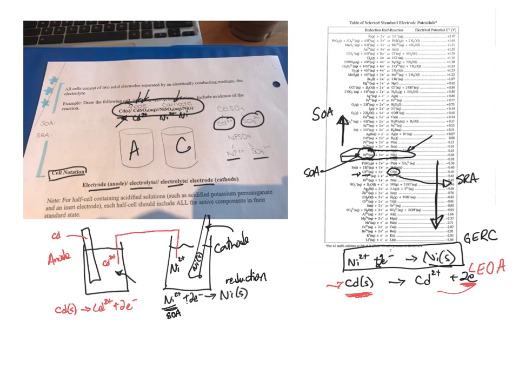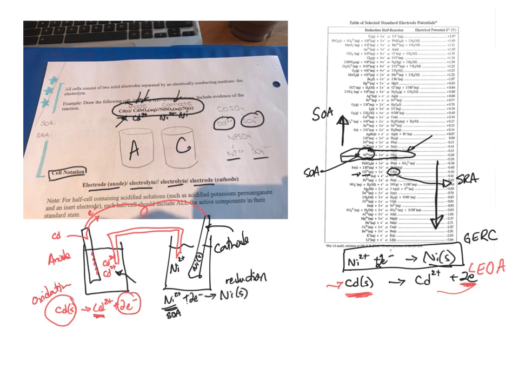Now to make things go, you need a salt bridge, right? So there's my salt bridge, and then you need a wire that's connecting the two. In order to determine which way the electrons will go, they always travel from A to C, but you can also look at this. Like you have cadmium here, and it's losing electrons, so this is an oxidation reaction here. So the cadmium here is going to start disintegrating or disappearing because it's forming cadmium ions, more cadmium ions, and the electrons are getting pushed this way.